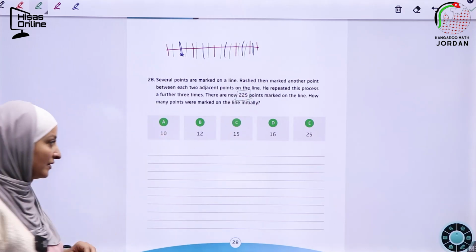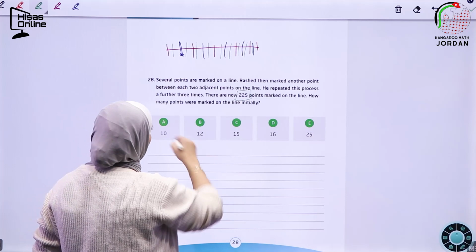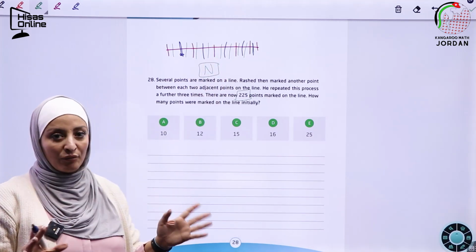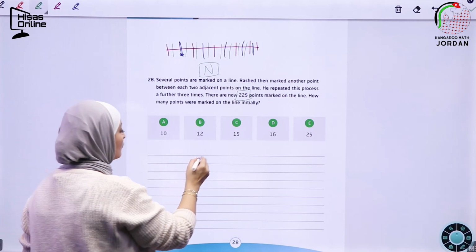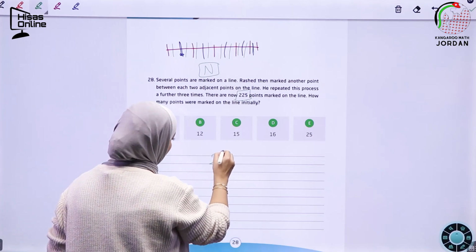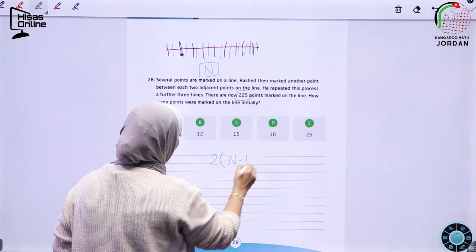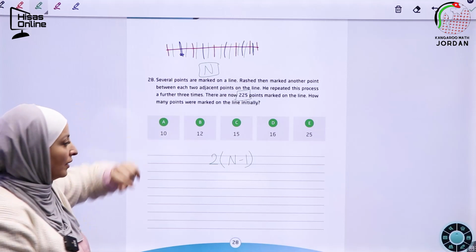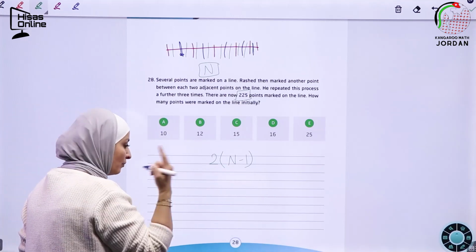He did it 4 times. At the first one, let's assume that n is the first number, okay? The second one is 2 times n minus 1. Why minus 1? Because we don't put a point before the first one, so we will miss 1 time. So we will multiply it by 2, but not 1.